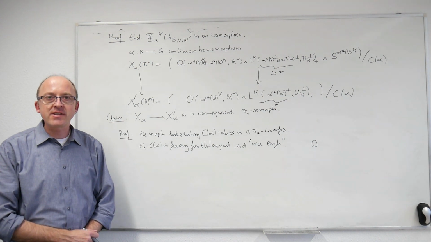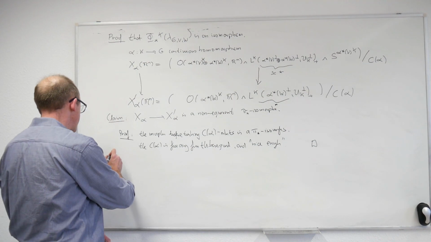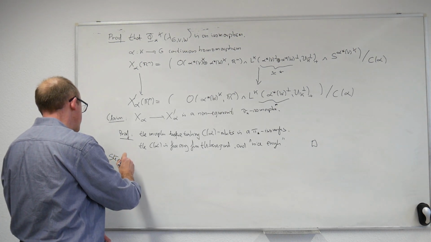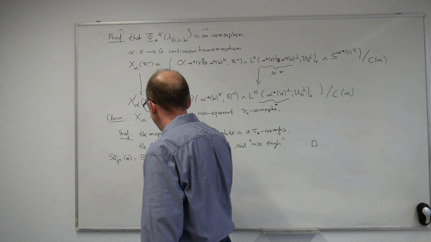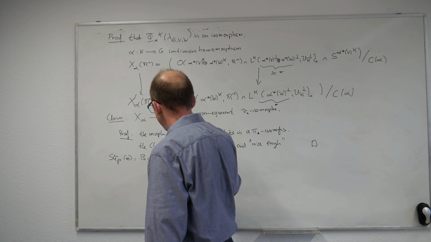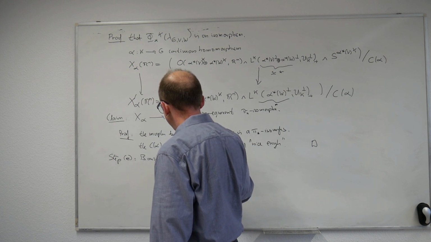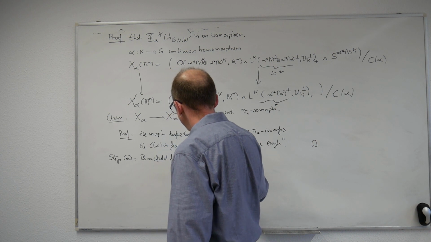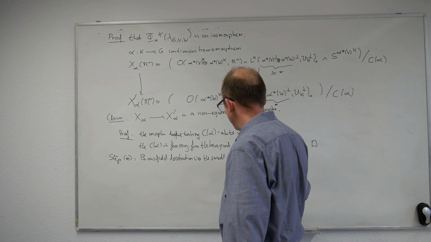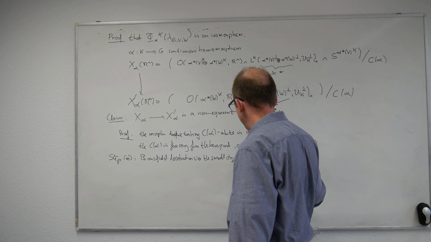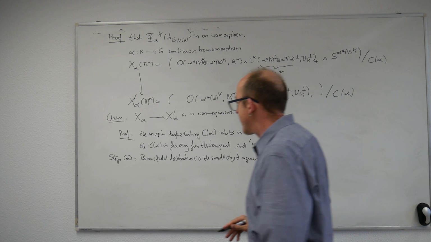There's one fifth step in the standard procedure, that was step E. And this is Bousfield localization via the small object argument. This is again a routine step.